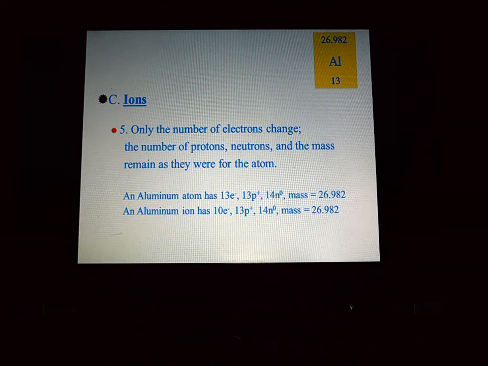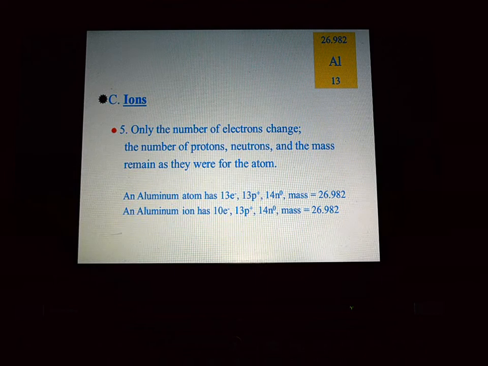Remember, the neutrons come from the atomic mass rounded, subtract the atomic number, so 27, the big number, subtract 13, that gives us 14 neutrons. The aluminum ion, same mass, same number of neutrons, same number of protons, electron number is different. So that's all that's going to change, is the number of electrons.